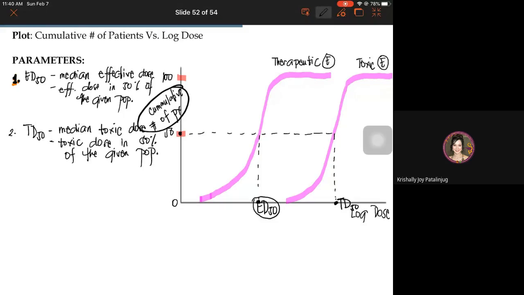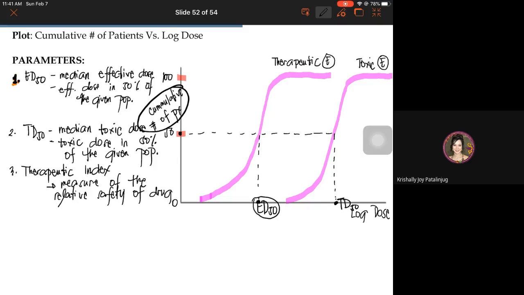Another parameter, which is also very important in a quantal dose response curve, is the therapeutic index. The therapeutic index measures the relative safety of a drug. And in order to determine the therapeutic index, you have to know the formula.